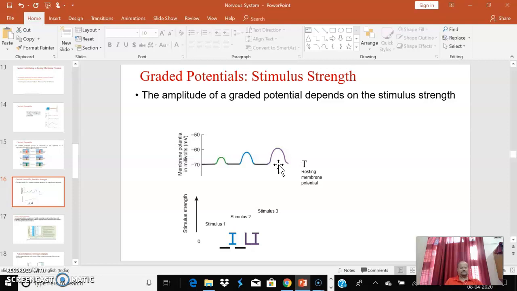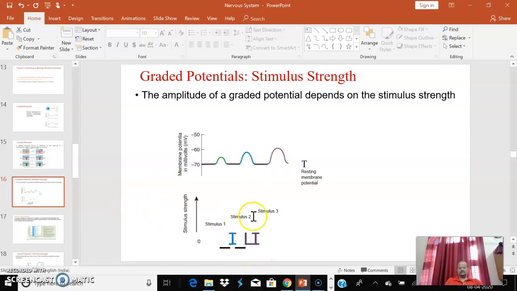For example, if a graded potential occurs in neurons in response to a neurotransmitter, it is known as a postsynaptic potential. If it occurs in a sensory receptor, it is known as a receptor potential.